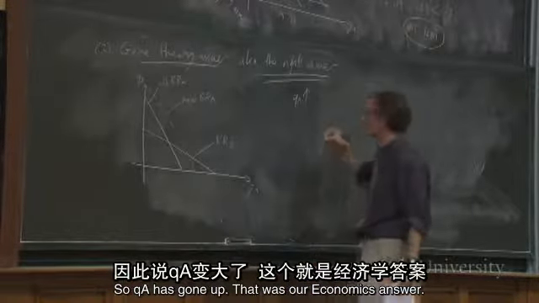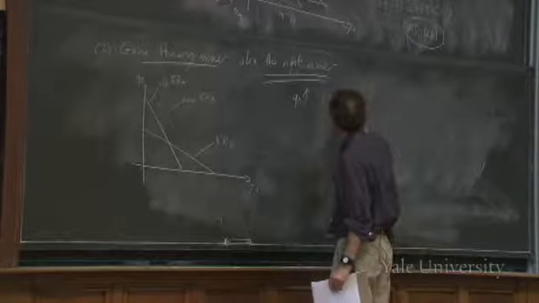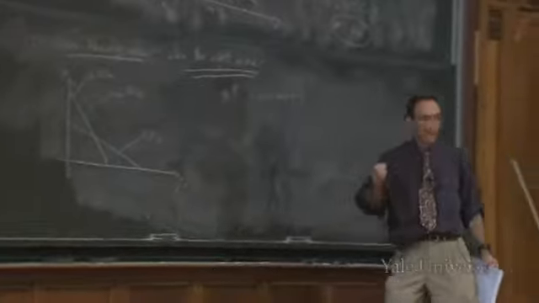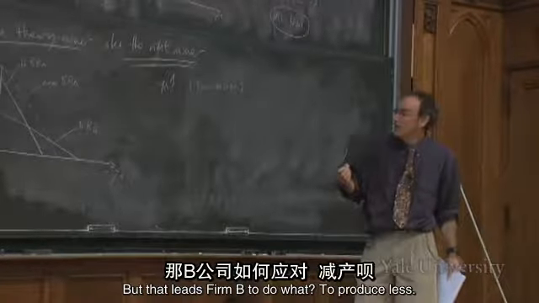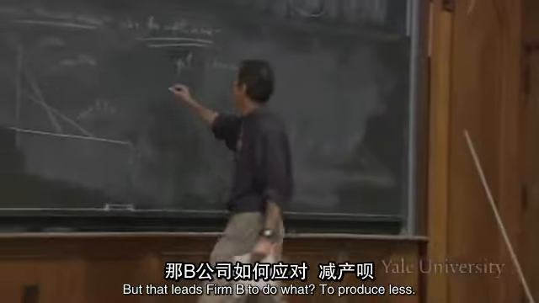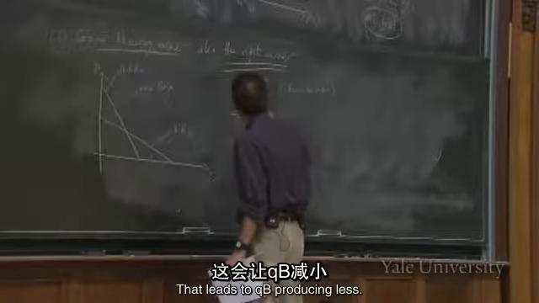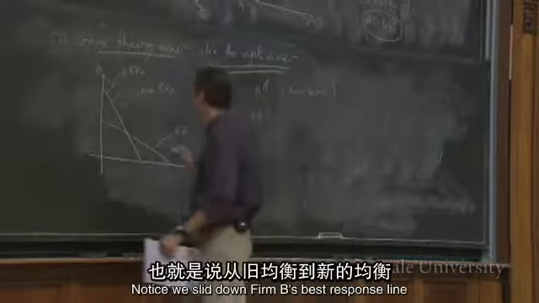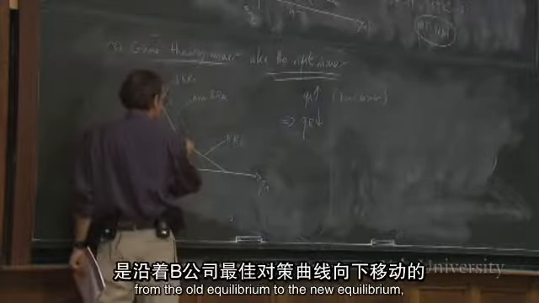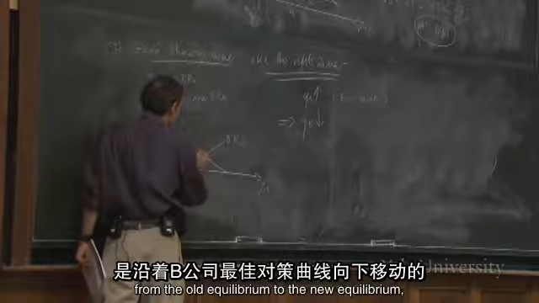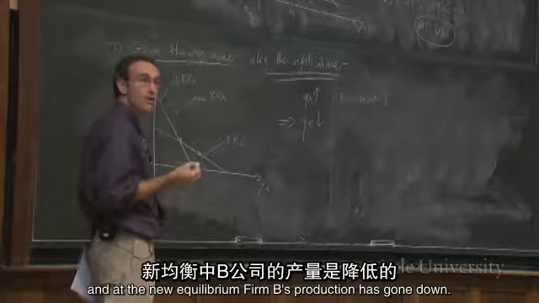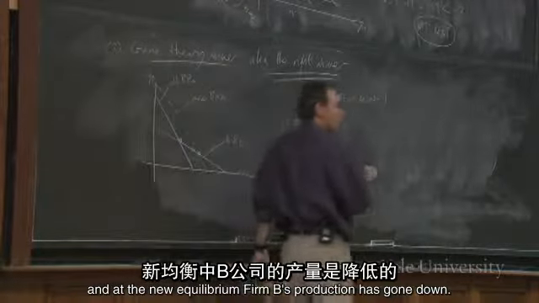That was our economics answer. All right? But that leads firm B to do what? To produce less. That leads to QB producing less. Notice we slid down firm B's best response line from the old equilibrium to the new equilibrium, and at the new equilibrium, firm B's production has gone down.